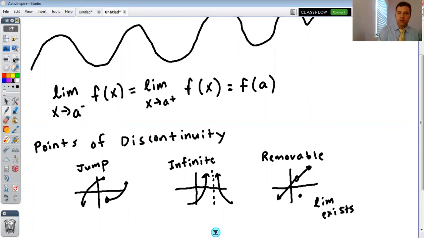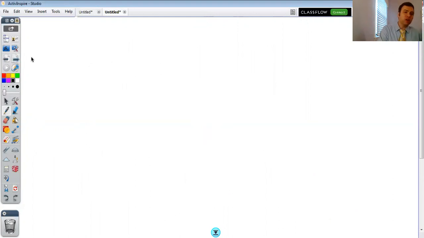Okay, let's move into a problem. This is a certain type of problem that I like to do anytime we talk about continuity algebraically, like what it could look like. And those are piecewise functions. So I'm going to give you an example of a piecewise function here, and we're going to prove that this function is continuous at a point.